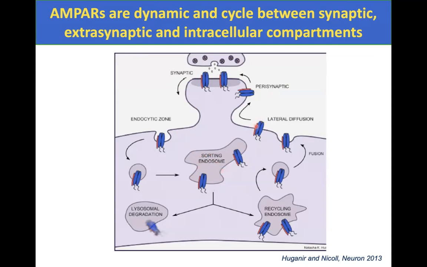And then also, it turns out there's a wide variety of interacting proteins that associate with the AMPA receptors and can dictate not only their function, but their localization, whether they get targeted for endosomes or get targeted for the postsynaptic density. And so we've been trying to understand some of these molecules that associate with AMPA receptors to try to understand how synapses can be strengthened or weakened.